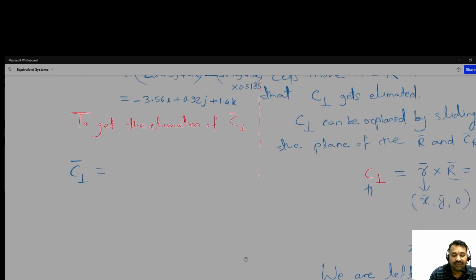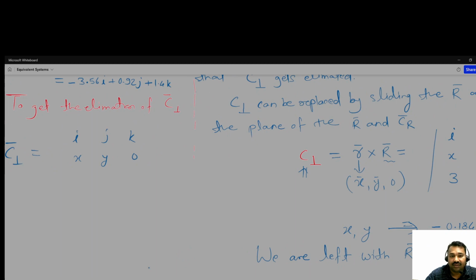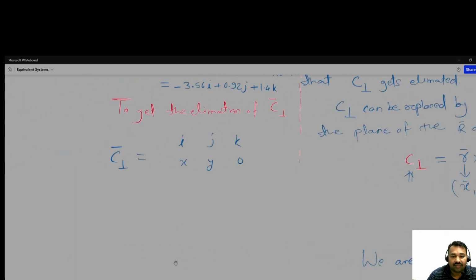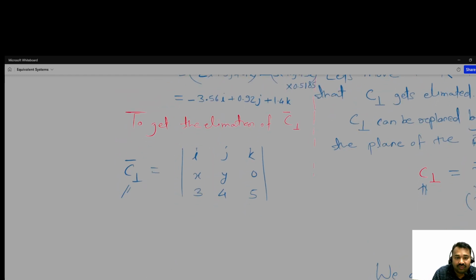From here we can take, so it is i, j, k, x, y, 0 and 3, 4, 5. Okay, and this equal to what? This equal to, we have minus 3.56i plus 0.92j plus 1.4k.